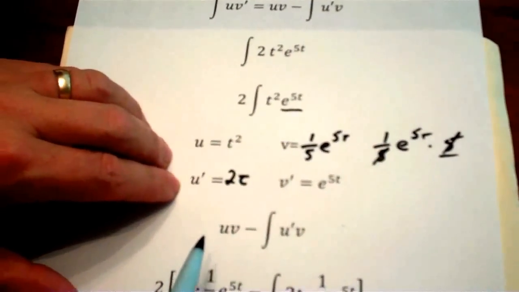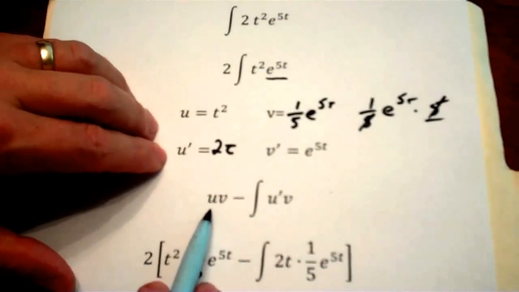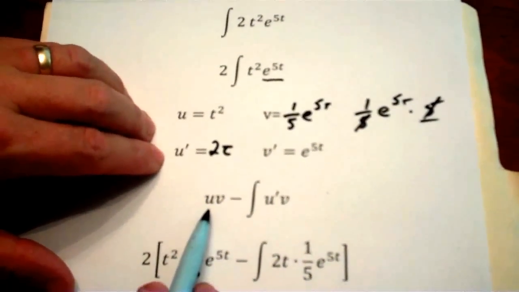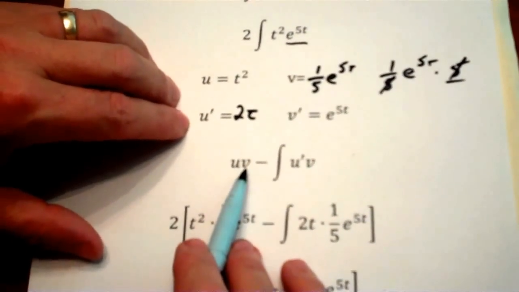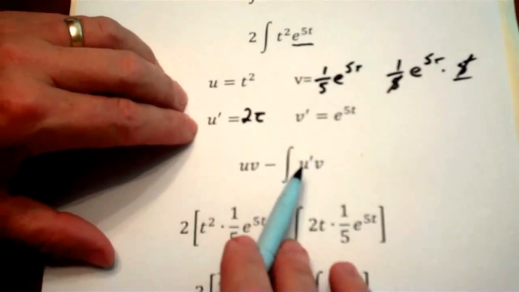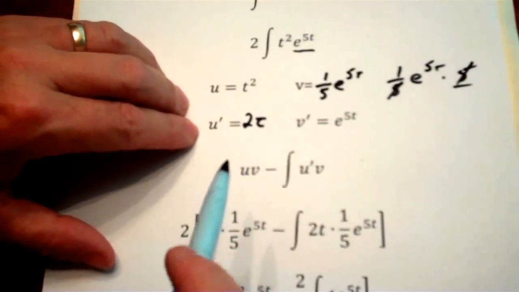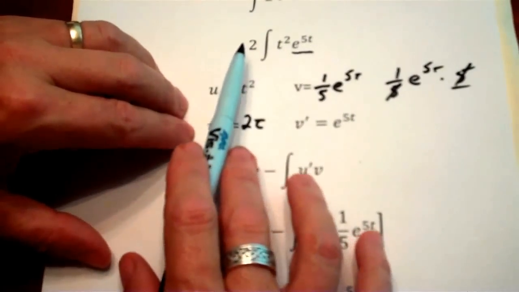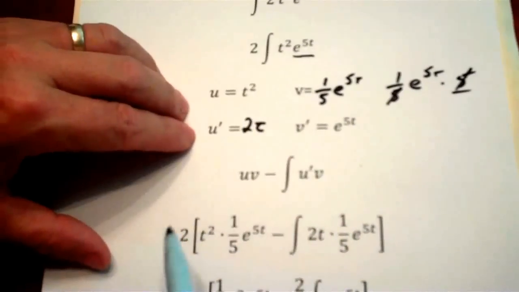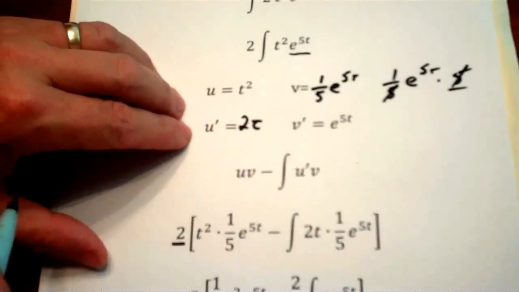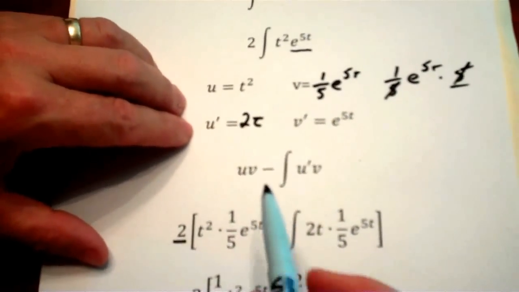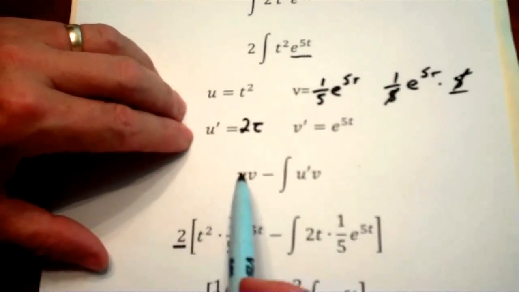Now I merely need to substitute this into my equation. Remember, the integration by parts, I merely take u times v minus the integral of u prime v. So now I just substitute those pieces in. Remember, of course, that I pulled this 2 off to the side. So I've got to leave that 2 hanging off to the side for the time being. And now let's go ahead and finish this.